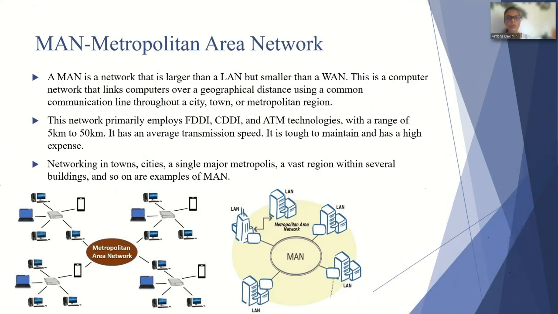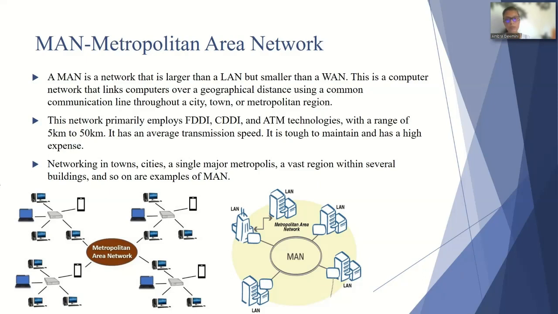MAN, Metropolitan Area Network. A MAN is a network that is larger than a LAN but smaller than a WAN. This is a computer network that links computers over a geographical distance using a common communication line throughout a city, town, or metropolitan region.